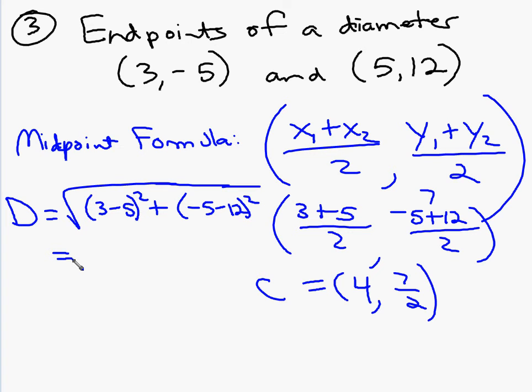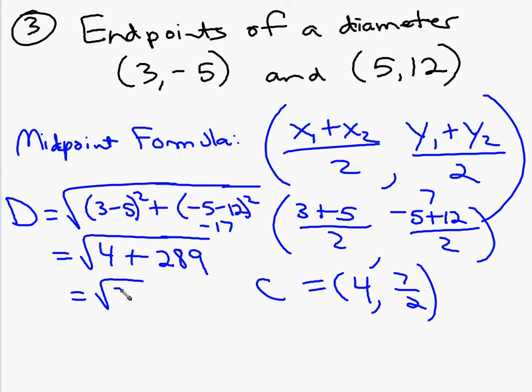So that's going to be 4 plus, this is going to be negative 17, isn't it? Right? So negative 17 squared is 289. And this would be the square root of 293.